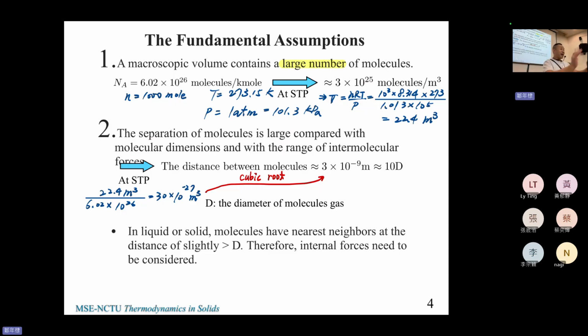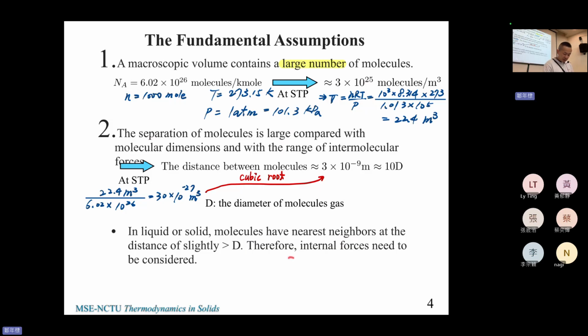That is for gas. But for liquid or solid, a molecule has its nearest neighbor at a distance only slightly greater than d. So if we are talking about liquid or solid, assumption two cannot be validated.